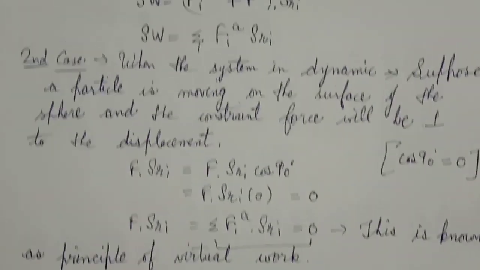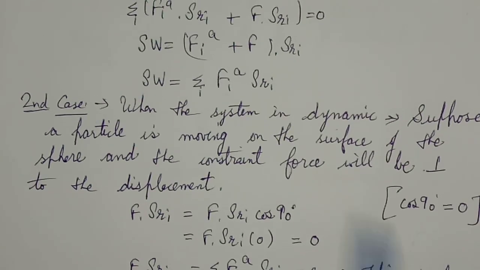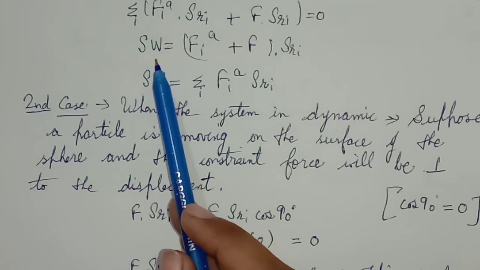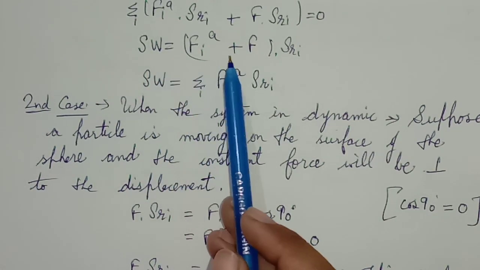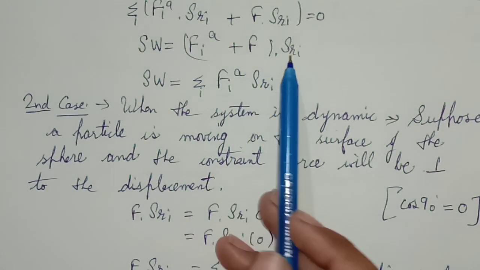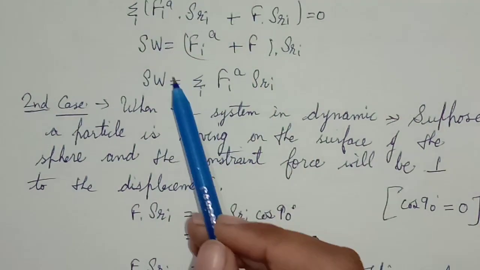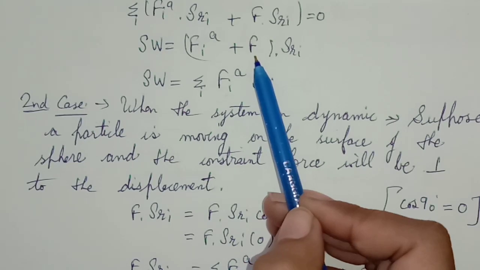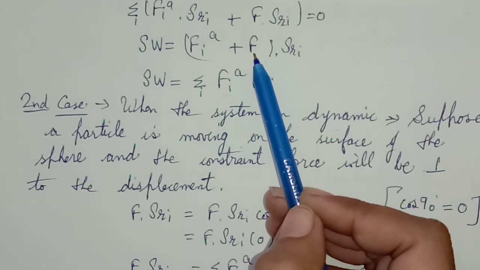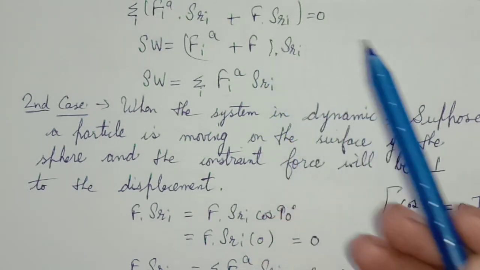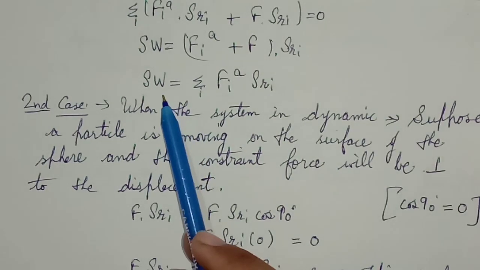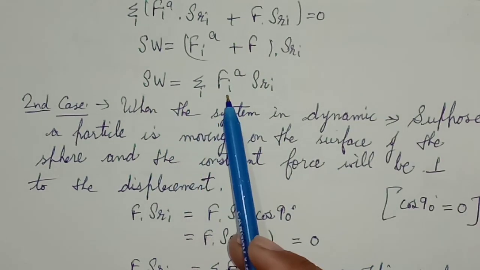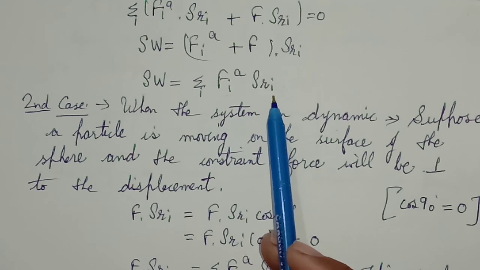Then virtual work will become (F_i^a plus f_i) dot delta r_i. Now, because the system is in equilibrium, the constraint force will become 0. So we get delta W is equal to F_i^a dot delta r_i.